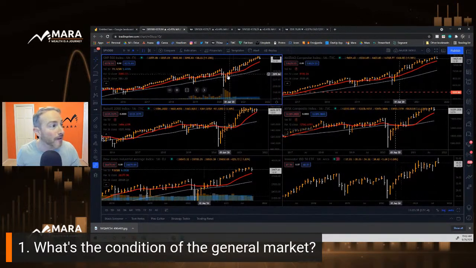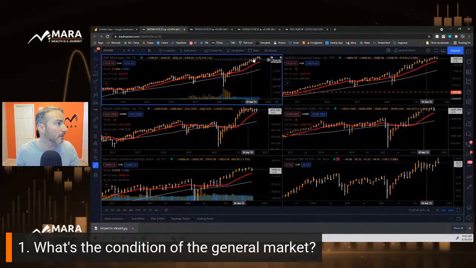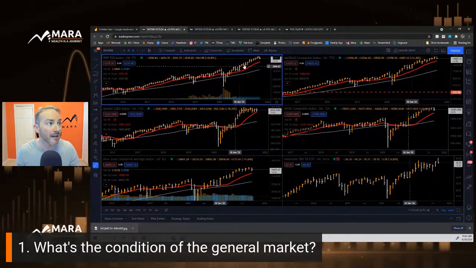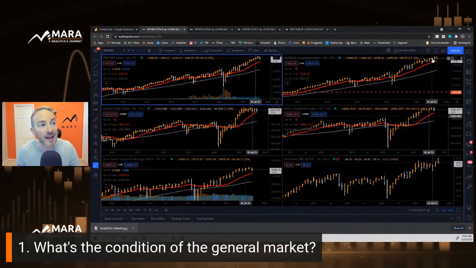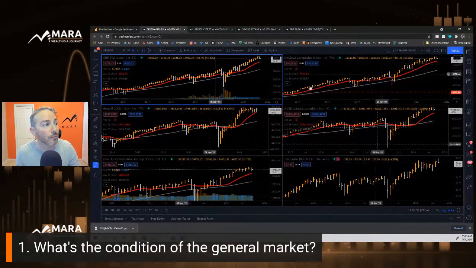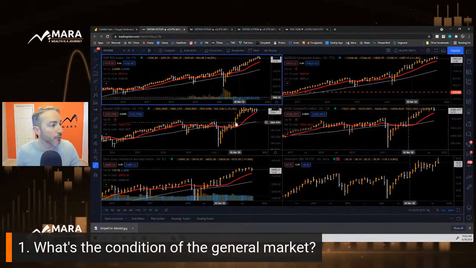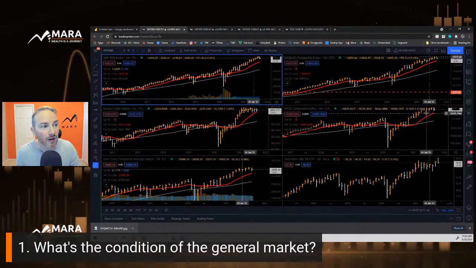So pretty simply here on the monthly time frames, S&P is still in an uptrend. So is the Nasdaq. You could make an argument that they're starting short term to start to move sideways. The Russell 2000 has been in a sideways trend really since February, March.